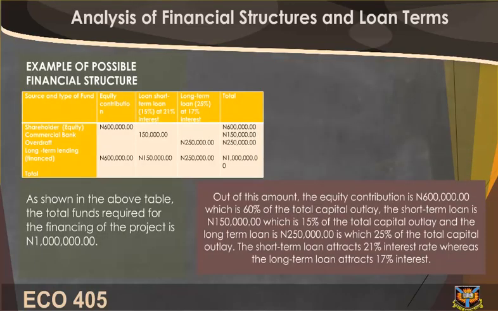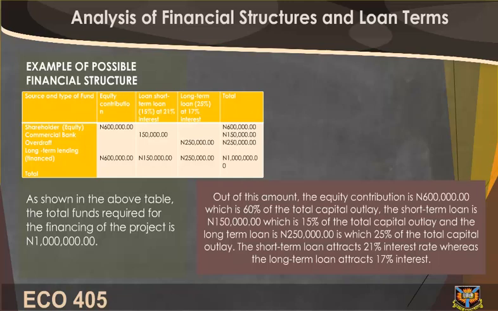Below is an example of possible financial structure. As shown in the above table, the total funds required for the financing of the project is 1 million. Out of this amount, the equity contribution is 600,000 naira, which is 60% of the total capital outlay.